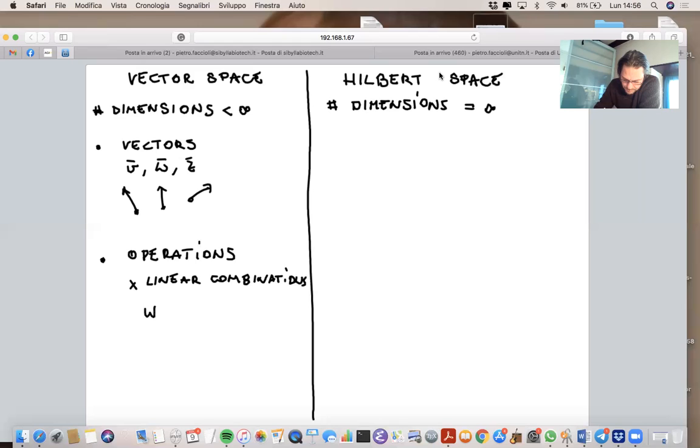Now, in general, vector spaces can be complex vector spaces, which means that the coefficients of a linear combination can be complex numbers.